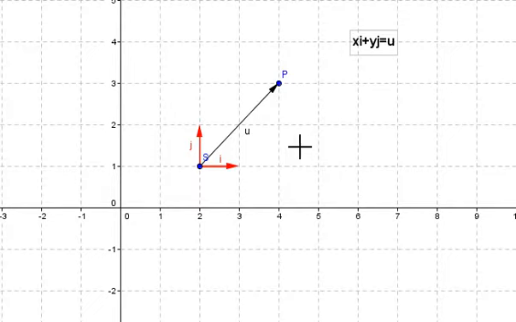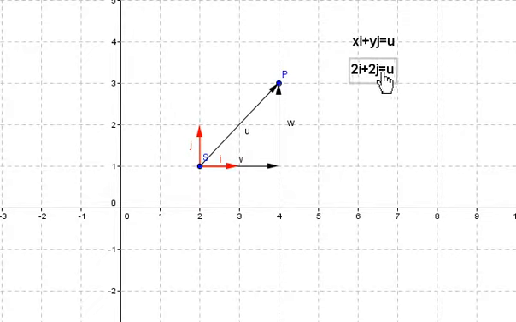So we have to answer the question: how many i vectors are in u? We can see there are 1, 2 i vectors in u, and 1, 2 j vectors in u.